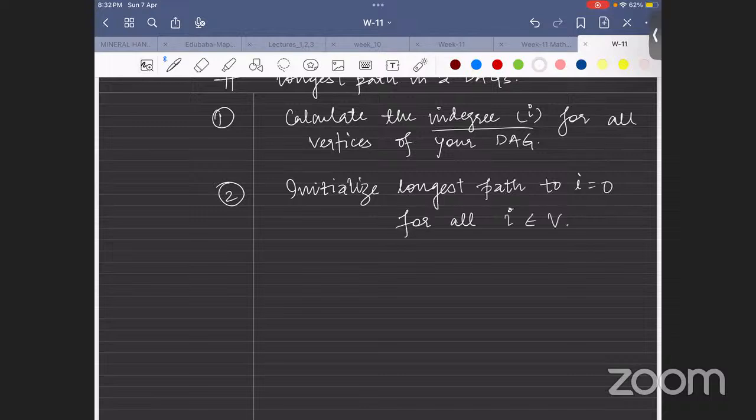All the vertices that you have, you just have to initialize the longest path to each of the vertices as 0. You can say that to reach each of the vertices, I don't know how to reach that yet. That's why we are initializing the longest path to each of the vertices as 0.